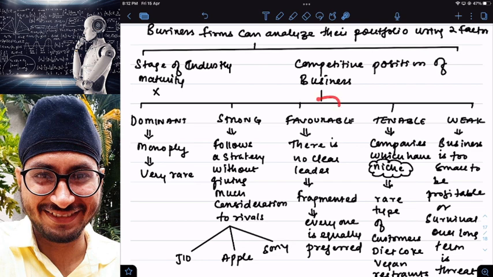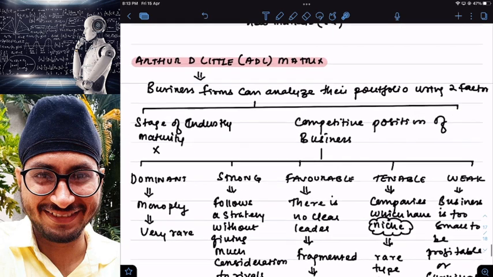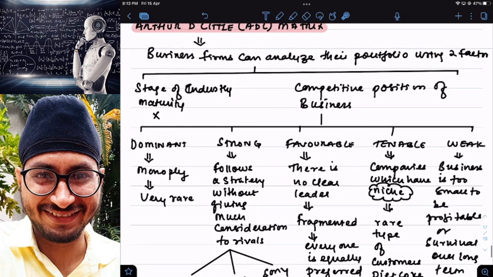An industry where there is no clear leader, industry is fragmented, everyone is equally preferred, I'm not inclined towards a particular product or a service, then favorable. Companies which have a niche, sir, they are called as what? Tenable. And those companies which are very small, forget about future, now only they are unable to survive, in long term their survival is a big threat. Then it is an example of what? It is an example of weak.